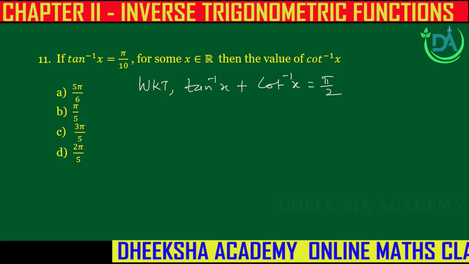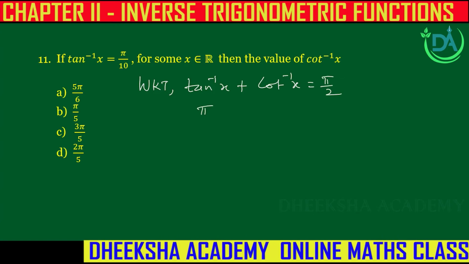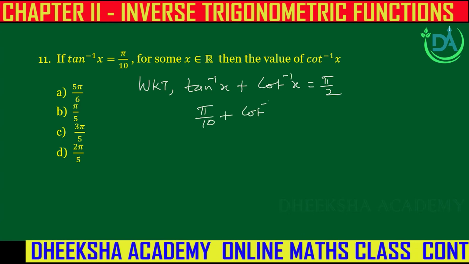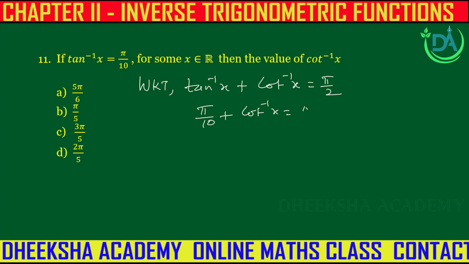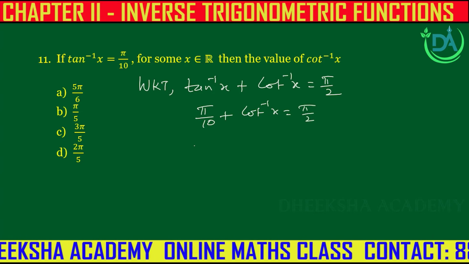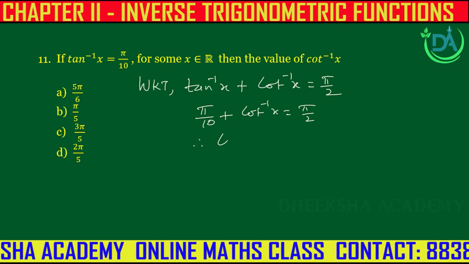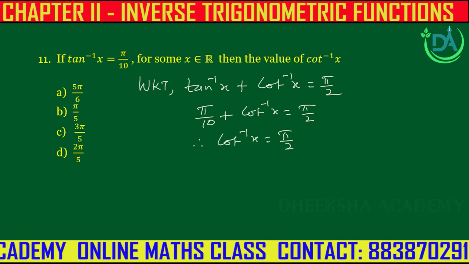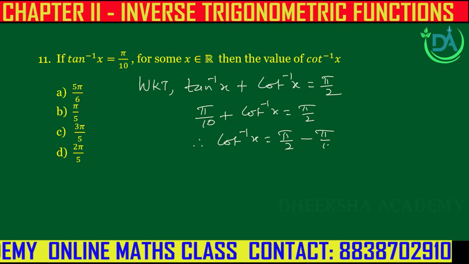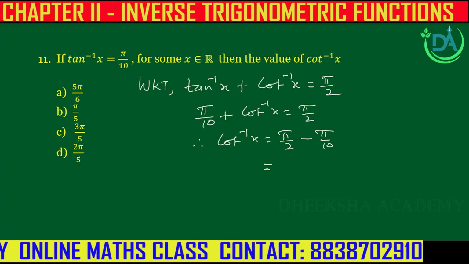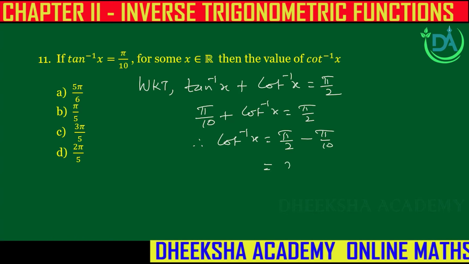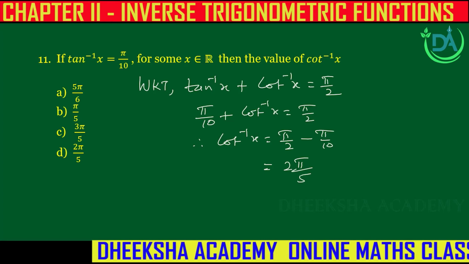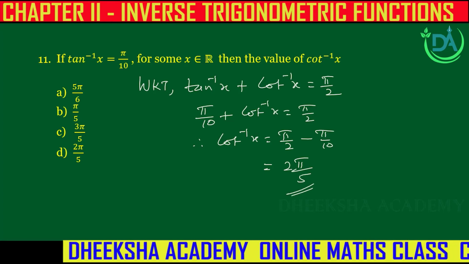Given tan inverse x is equal to pi by 10, plus cot inverse x is equal to pi by 2. So cot inverse x is equal to pi by 2 minus pi by 10, which gives 2 pi by 5. So the value of cot inverse x is 2 pi by 5. Option D is the correct answer.